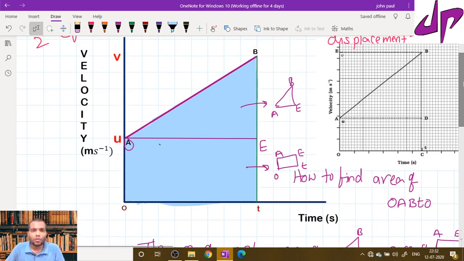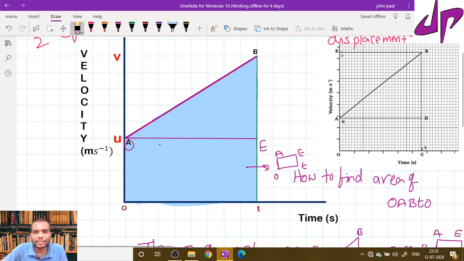Now we need to find their values. Looking carefully, we know the length OA.